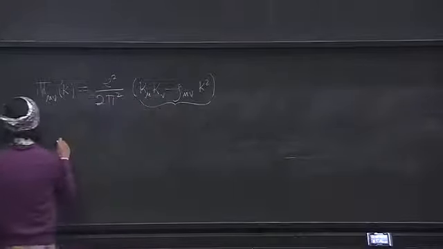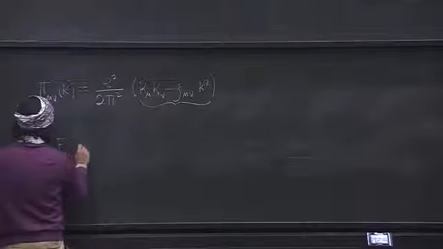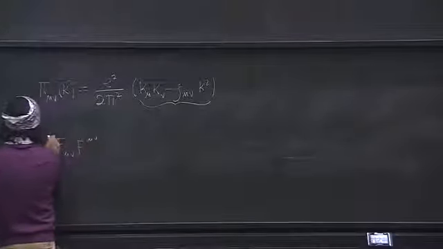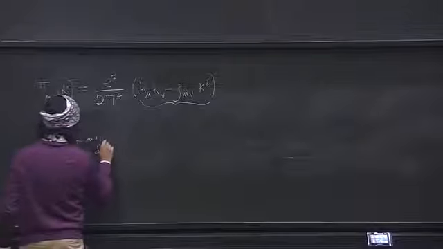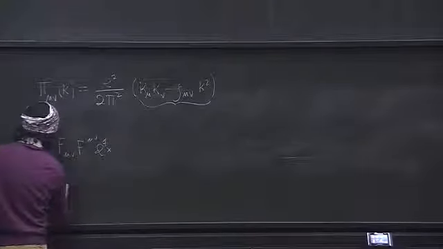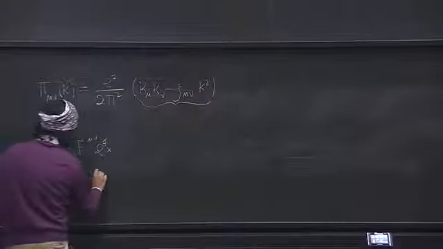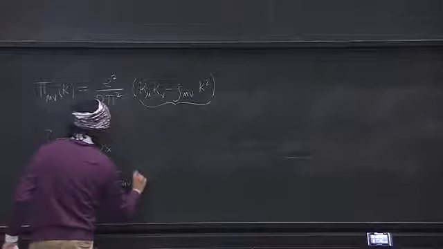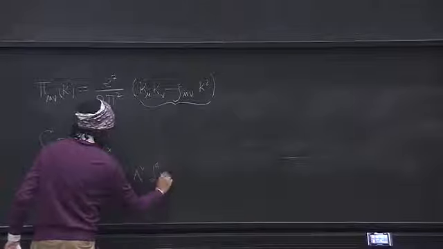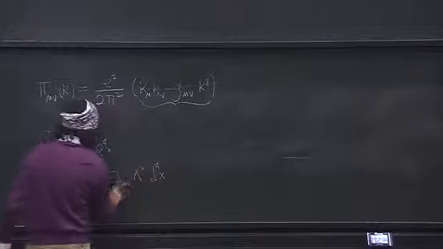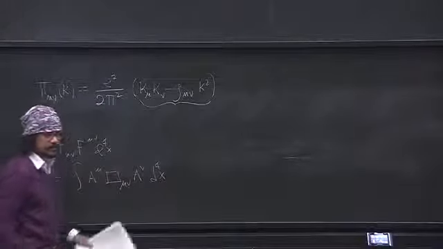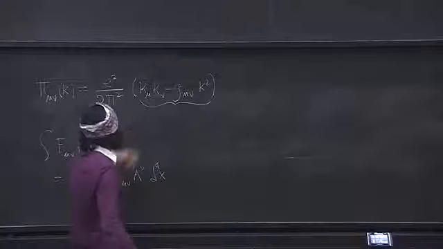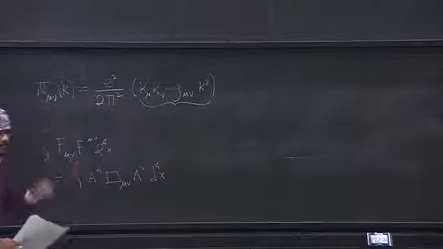So essentially, the F mu nu squared, you wrote this as some operator like this, and the propagator is just the inverse of this operator, right? And this is the momentum space representation of that operator.